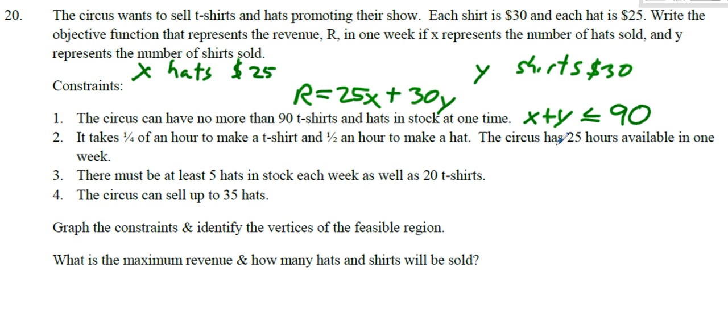It takes a quarter of an hour to make a shirt and a half an hour to make a hat. And there's 25 available hours in 1 week. So quarter of an hour to make a t-shirt, which is Y, plus a half an hour to make a hat, which is X. And it has 25 hours, so it has to be less than or equal to 25.